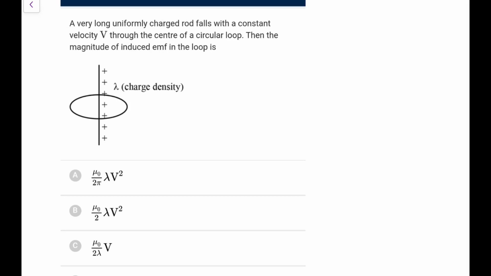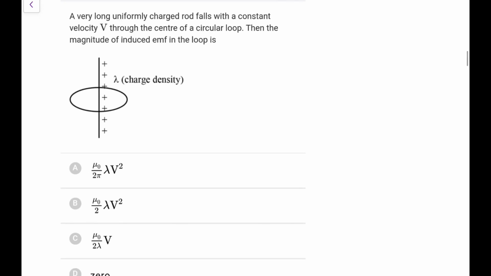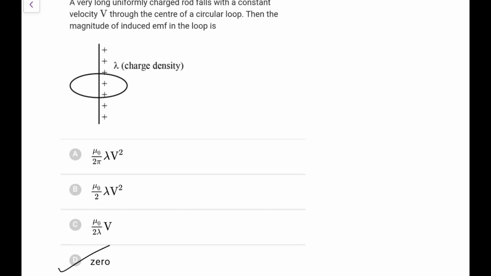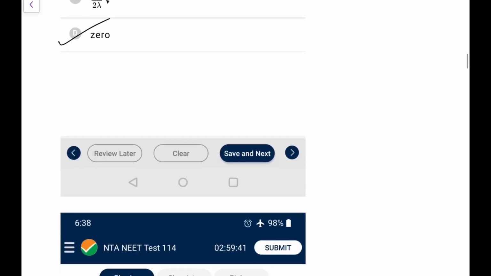Because of this infinite nature, the flux won't change through the loop. Taking it as an infinite wire, its field lines are circular, so the flux is effectively 0 because the field is in the plane and the area vector is normal to it. That will remain 0, no change in the flux, so the answer will be 0 here.